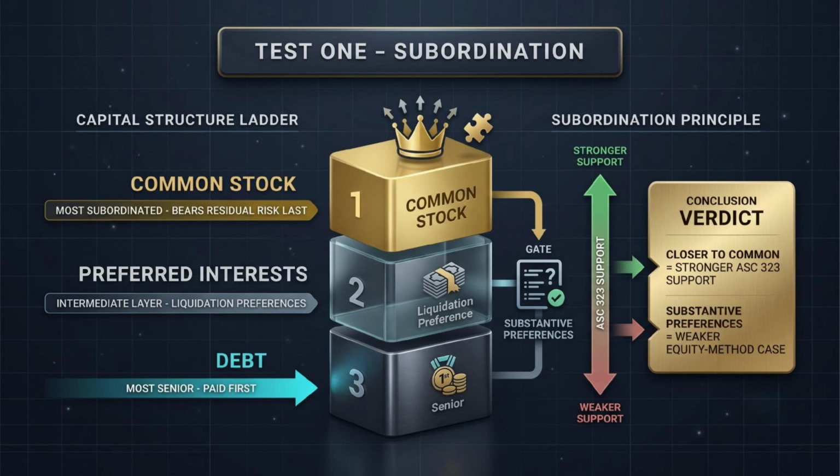So, if an instrument has strong liquidation preferences, fixed repayment features, or downside protection that common shareholders do not have, it may not behave like common stock. The closer the interest sits to common stock in the risk ladder, the stronger the case for in-substance common stock. The more protected it is, the weaker the case becomes.